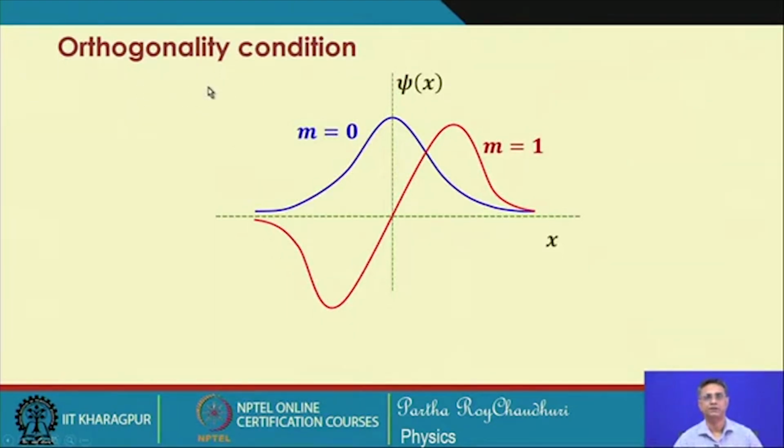Now, look at this orthogonality condition. When m equal to 0, you have this mode, which is the fundamental mode for a symmetric planar dielectric structure, and when m equal to 1, that is the first order mode, then you have an antisymmetric distribution of the field.